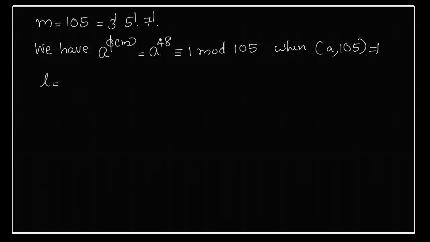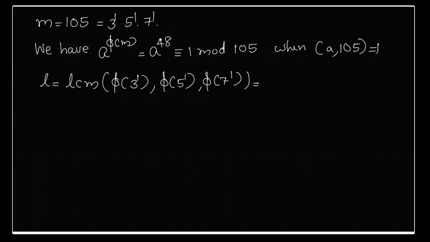Here the quantity L, which is the LCM of phi of each prime power, 3 raised to 1, 5 raised to 1, 7 raised to 1, will be equal to the LCM of phi of 3, which is 2, phi of 5, which will be 4, and phi of 7, which will be 6.